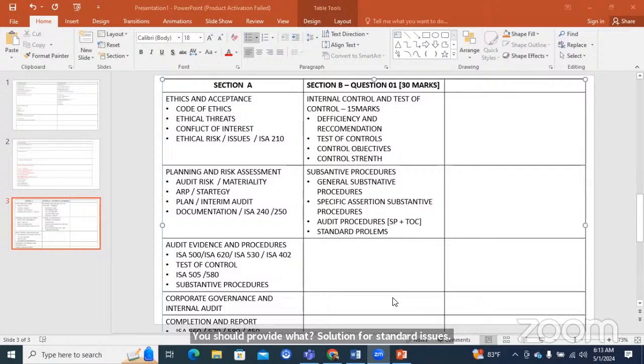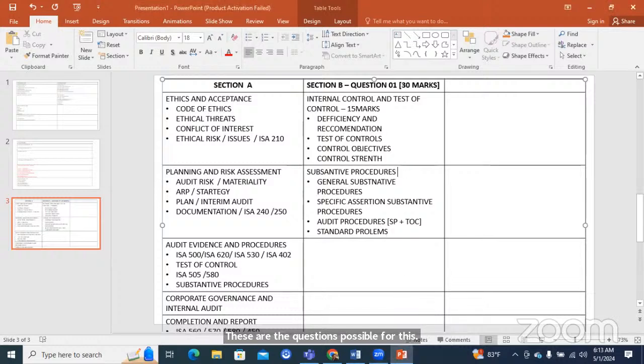Let's say there is an NRV, net realizable value, issue given in the scenario. They ask you to write procedures for that. A provision-related issue is discussed in the scenario. They ask you to write procedures for that. Intangible asset related issues are discussed. They ask you to provide a solution for that. These are the questions possible for this.